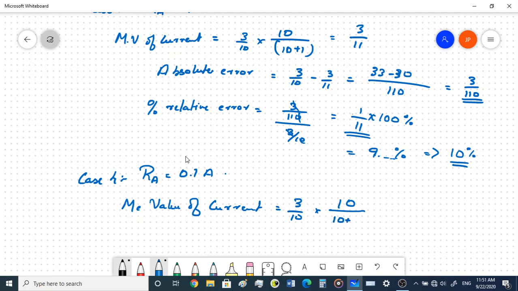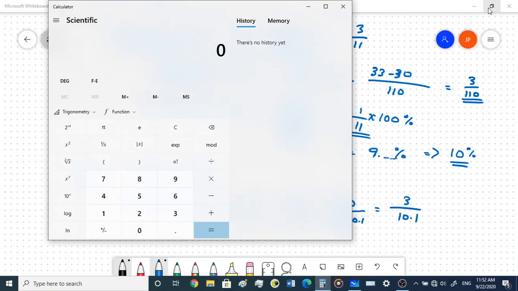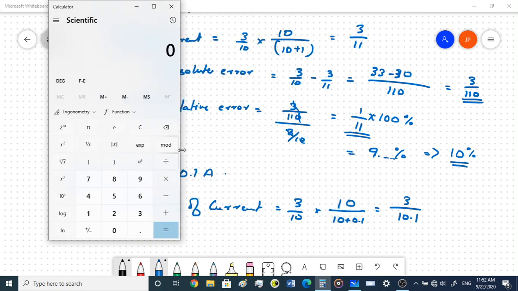So it should be 10 plus 0.1, that would be 10.1, and you would get the answer as 3 divided by 10.1. So this would be the measured value, which is very close to the absolute value. So let's look at how much this would come out as.